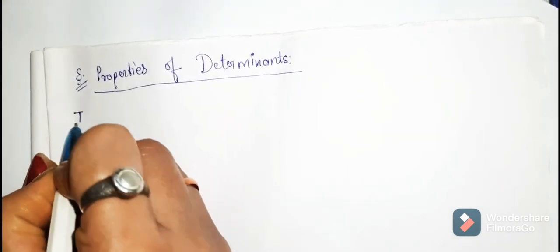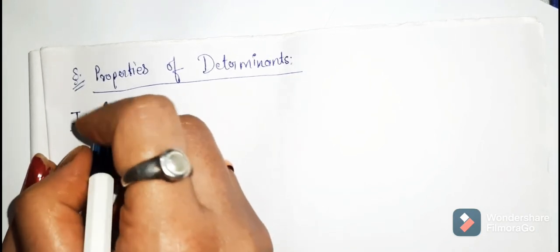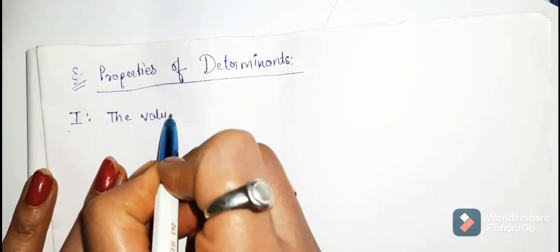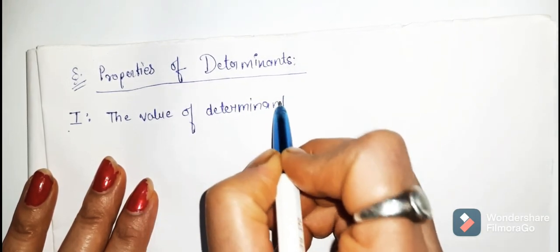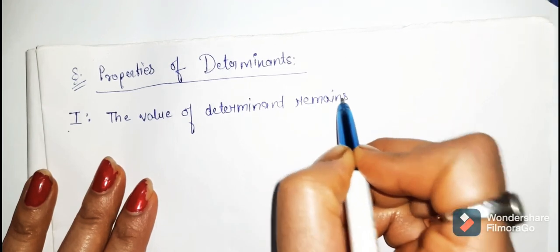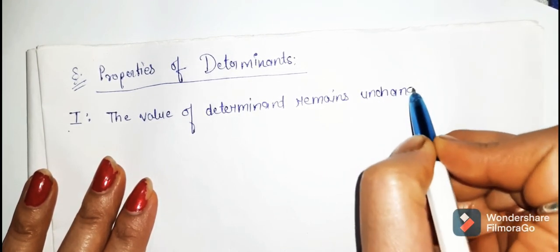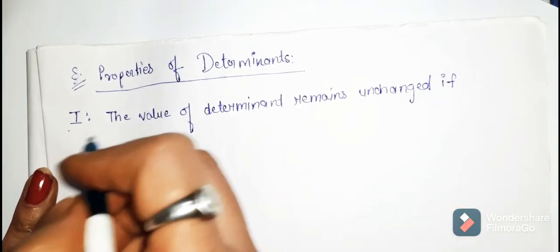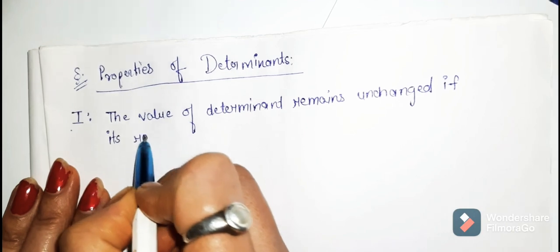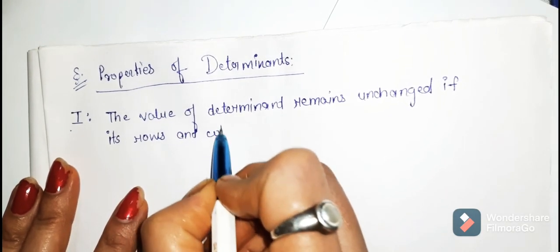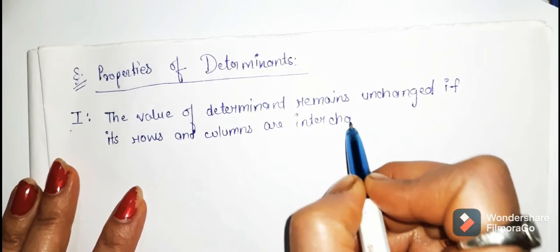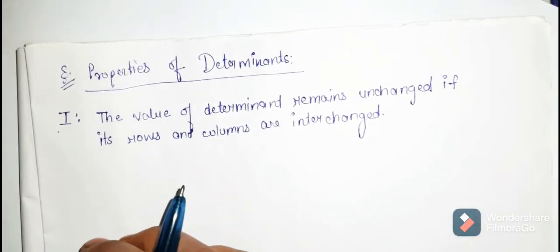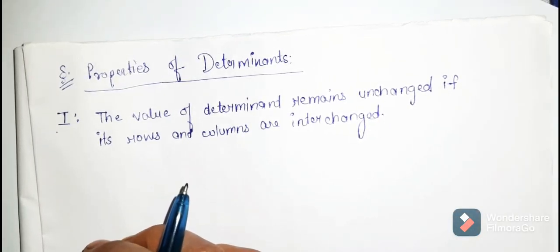So the very first property is: the value of a determinant remains unchanged if its rows and columns are interchanged.